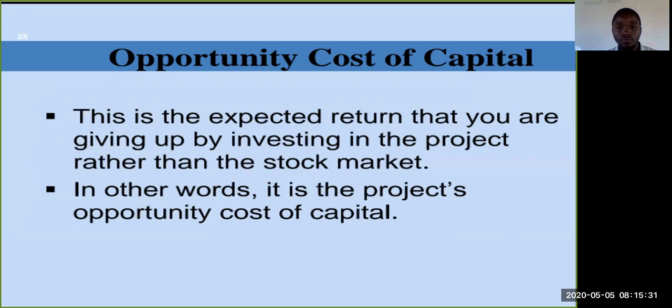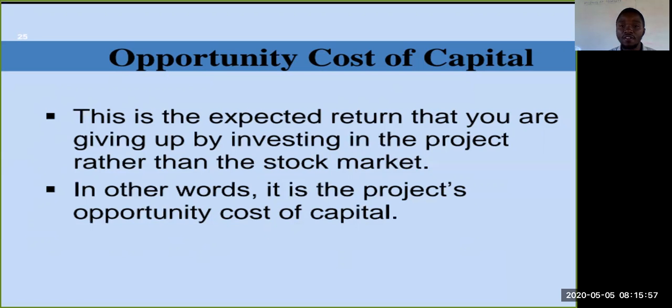Calculating the present value using a 7% interest rate, we discounted the 400 and it gave us a present value of 374 million kwacha. We concluded that we should go ahead with that investment if the present value is greater than the cost of the investment.